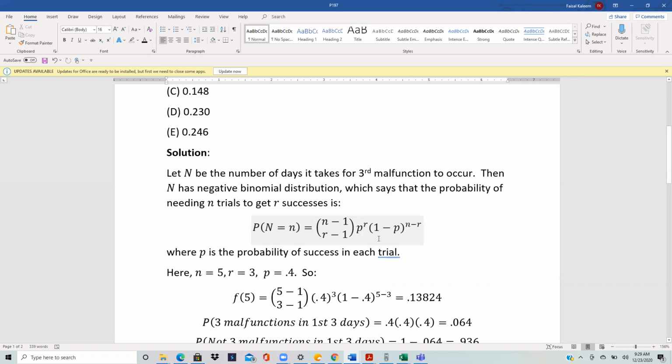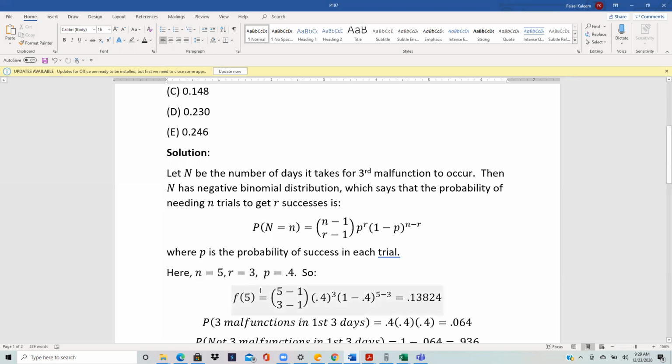So we are calling a malfunction a success in this case. n is 5 because we're talking about the third malfunction on the fifth day, r is 3 because we're looking for the third success, and the probability of success in each trial is 0.4, the probability of a malfunction on the day.